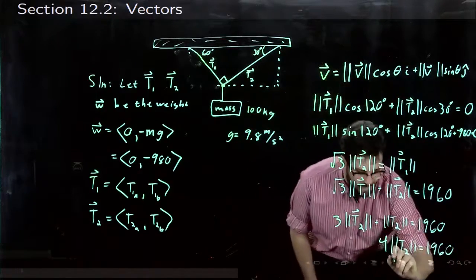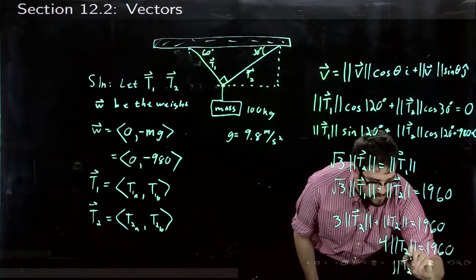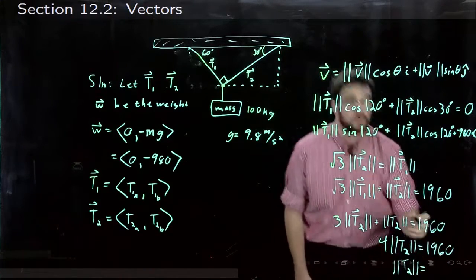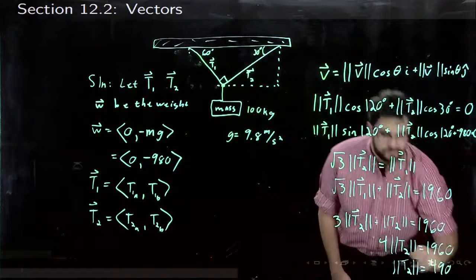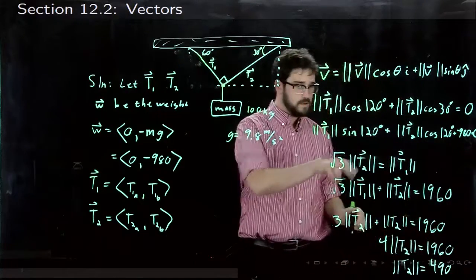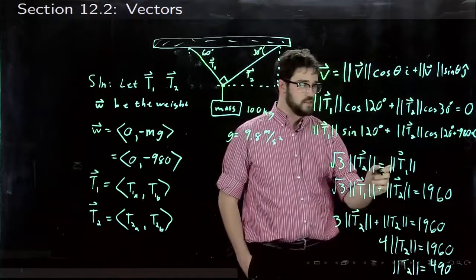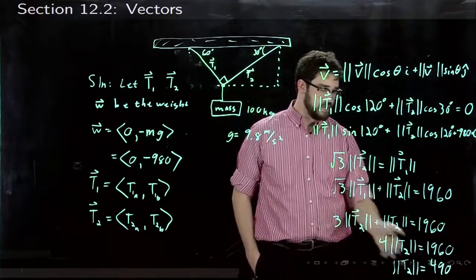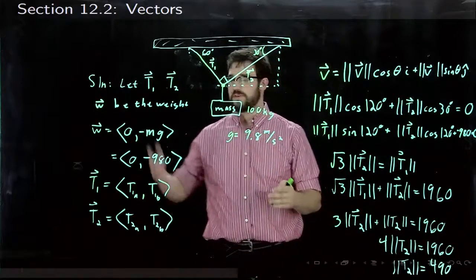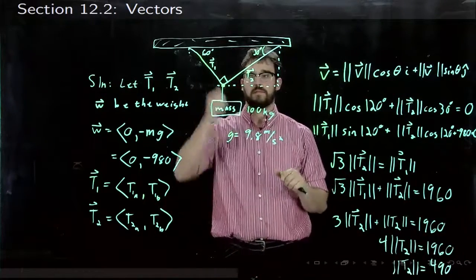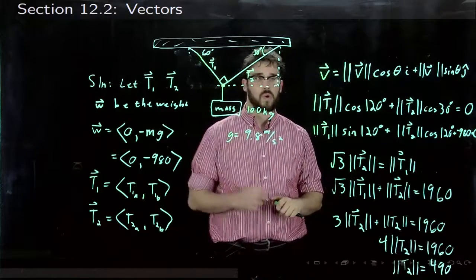And when we divide that, we get the magnitude of T2 is just going to be equal to 490. And then from here, we have that the magnitude of T1 should be 490 times the square root of 3. And then we figured out the tension for both of our cords that we have.